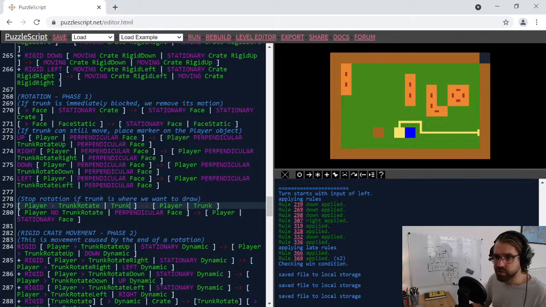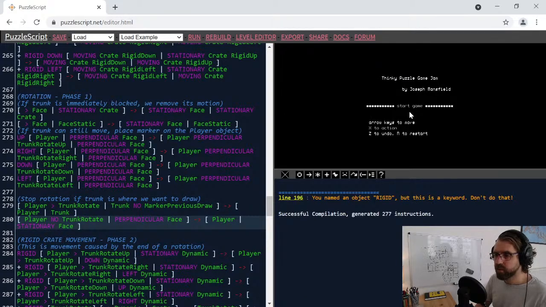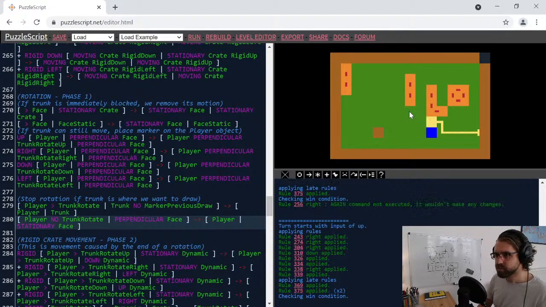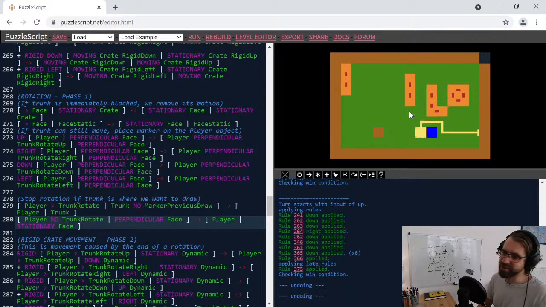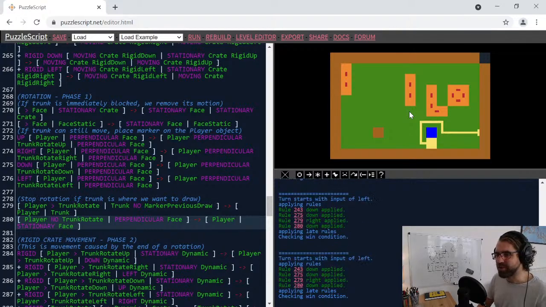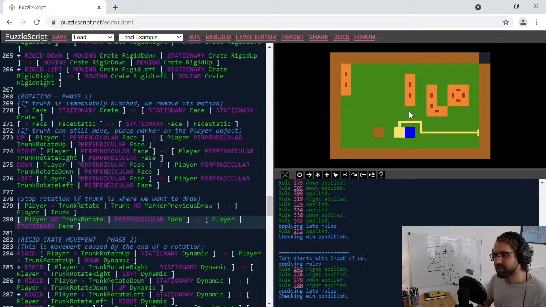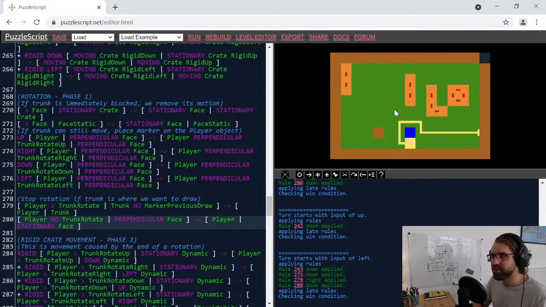So stop rotation if trunk is where we want to go, but it's only if a trunk and no marker previous draw. No, that doesn't work because I've lost the marker previous draw. Yeah, okay, that's a bad idea. I can only undo one. Yep, that's not good at all.